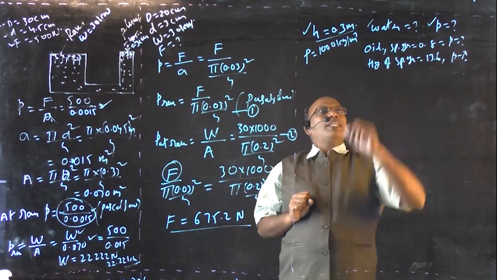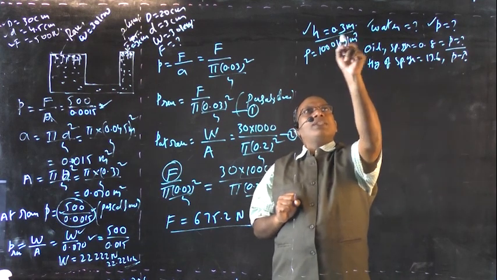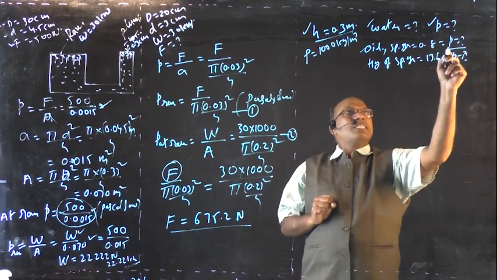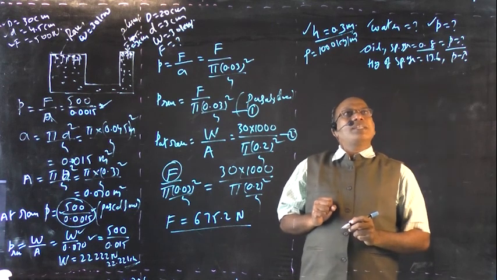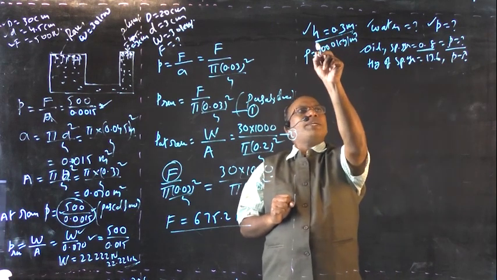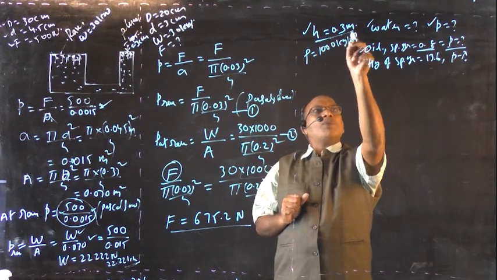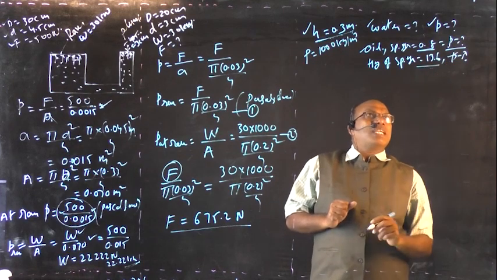If that is the water, what is the pressure intensity if this is oil with head equal to 0.3 meters? Specific gravity of oil is given, that is 0.8. And if this column is mercury with head equal to 0.3 meters, what is the pressure intensity if the mercury specific gravity is given, that is 13.6?